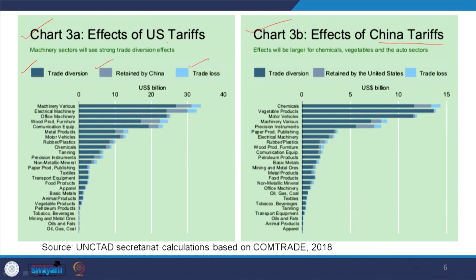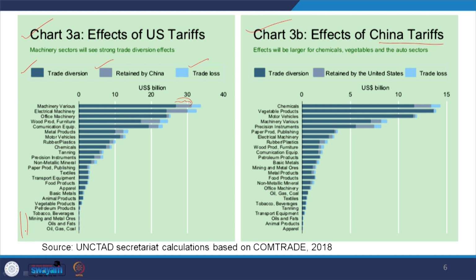So, this has diverted their product so far as trade is concerned, and only a little portion is retained by China, even if tariff is imposed by US. This much is still retained by China.